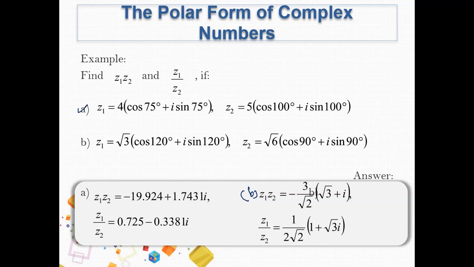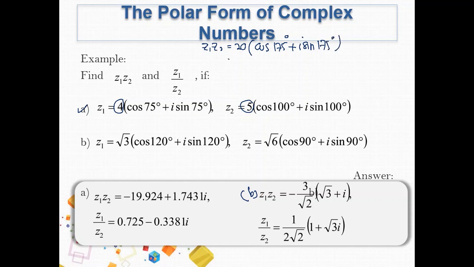If you have two polar forms and you multiply them, you multiply the r, so 4 times 5 is 20. But for the angle, you will add them. So you will get cos 175 degrees plus j sine 175 degrees.